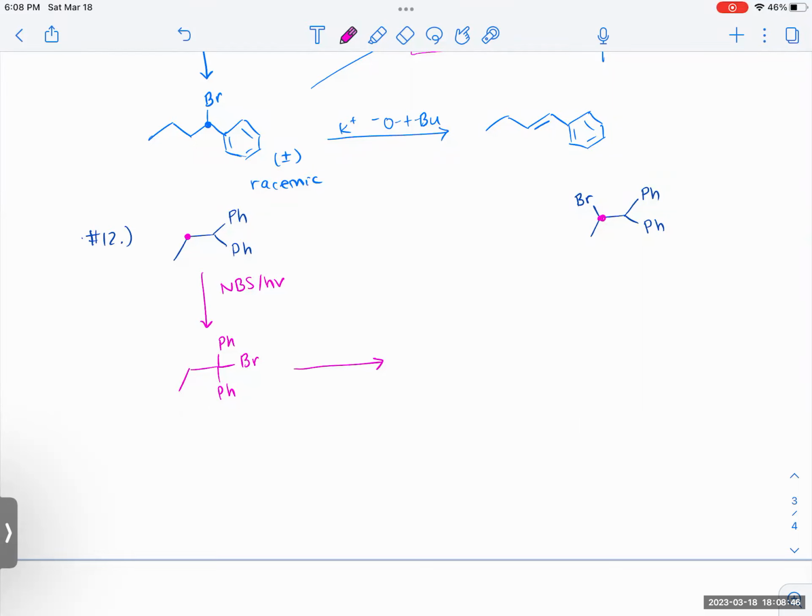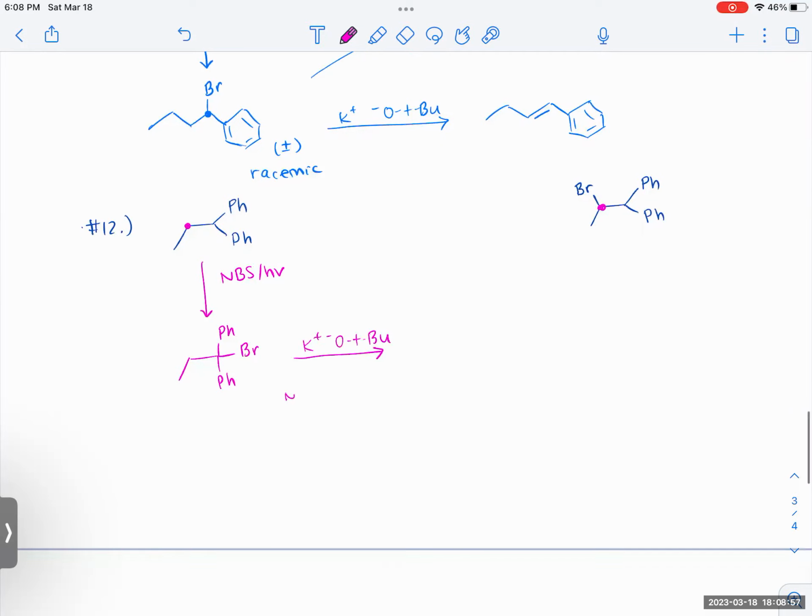We're going to use a bulky base in this case so we can negate an SN2 reaction. Exactly. Because if you use this, you're going to get an SN2 reaction, and it's going to look like this, and that's not what we want.